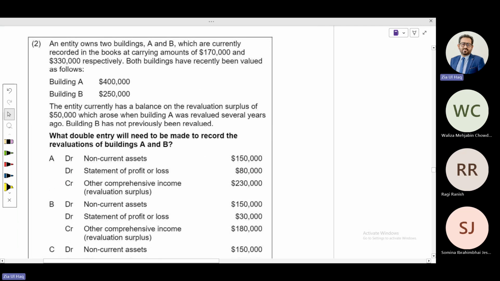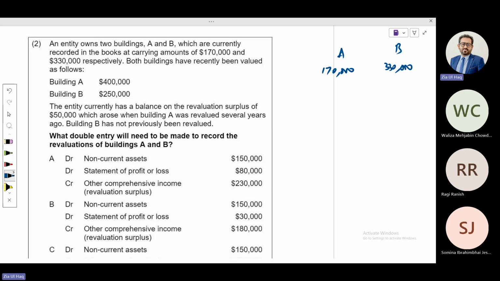What double entry will need to be made to record the revaluation of buildings A and B? An entity owns 2 buildings, A and B, which are currently recorded in the books at a carrying amount of 170 and 330 respectively. Building A carrying amount is 170,000. Building B carrying amount is 330,000.